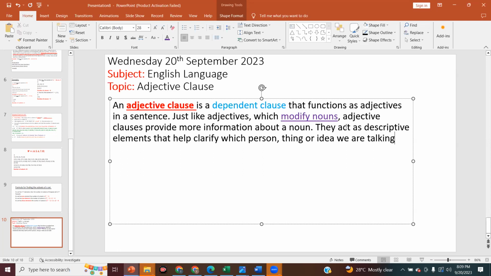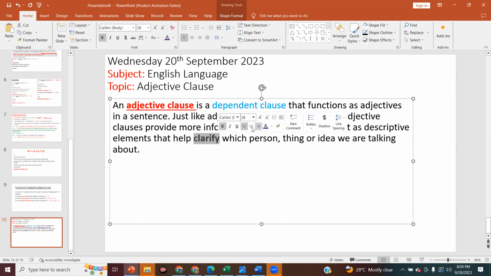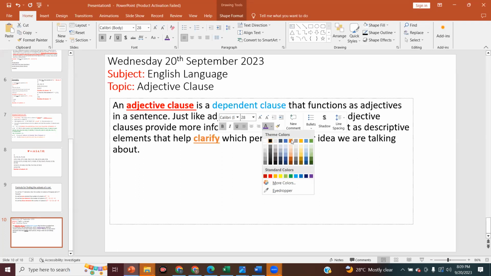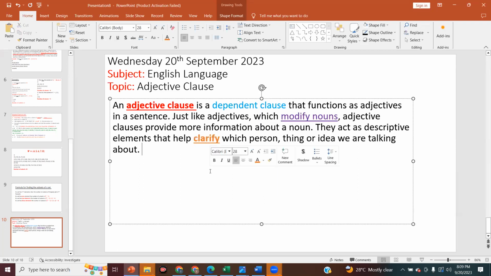If you're trying to be specific, you use adjective clauses. If you're trying to give more information, or clarify some information, you use adjective clauses. So they are very important. Interesting thing is that we use them every day, but sometimes we don't even know that we're using them.